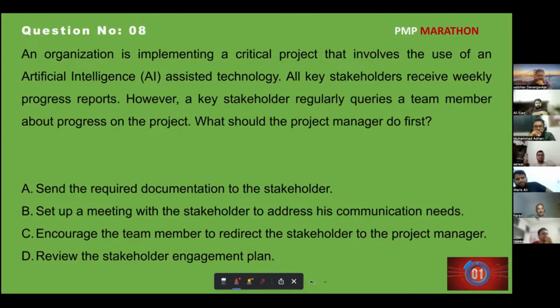What do you think? I will go with option B. Okay, what is the biggest keyword in this question?